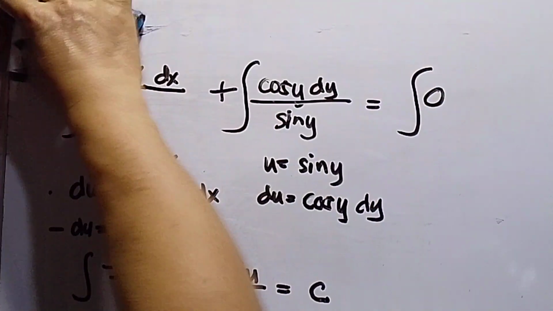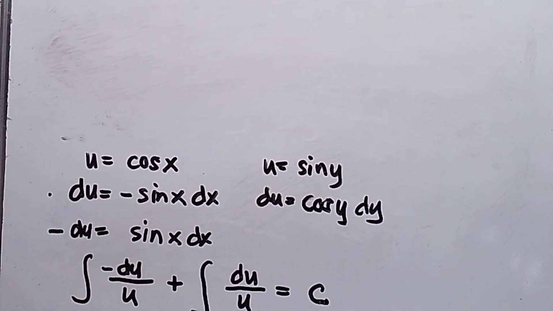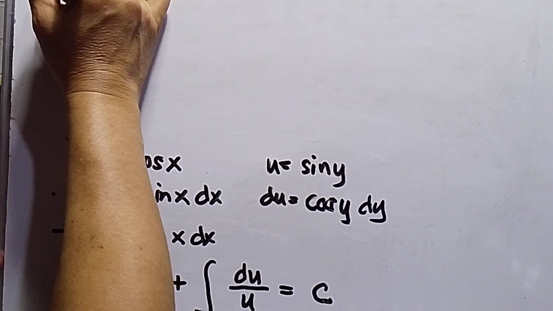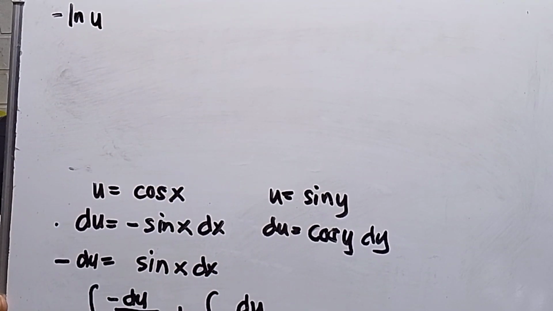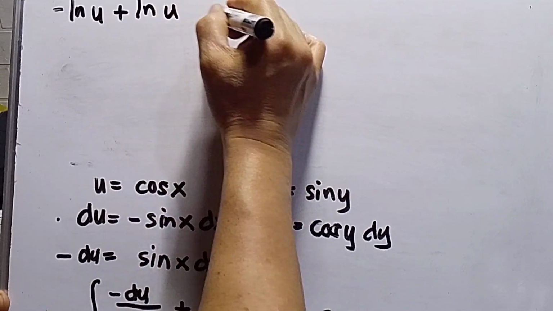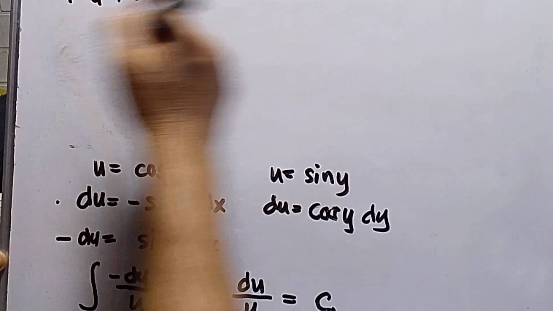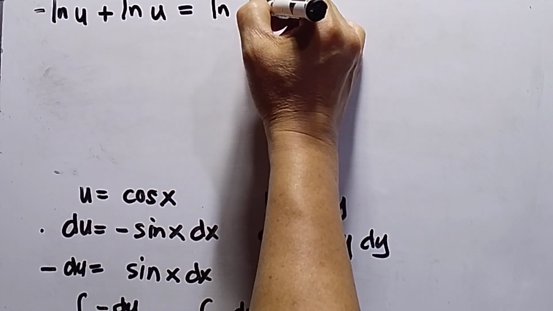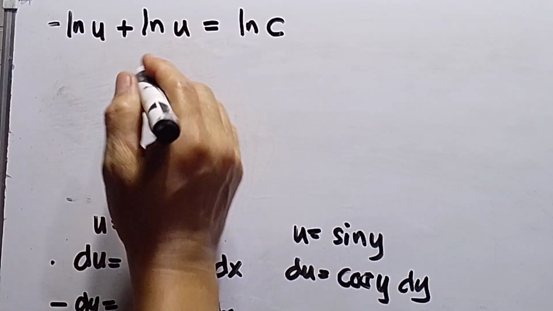So I need to erase here because I don't have space. So this will be negative ln u, then plus ln u. Since we have ln, I can put the constant as ln c also.